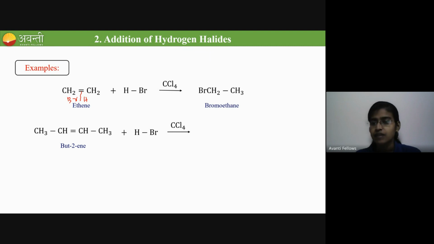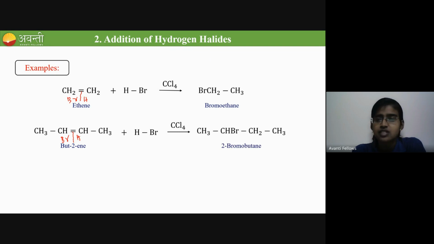We will break this bond and add hydrogen and bromine like this, and we will end up with one product. Can anyone give me the name of that product? Okay. It is 2-bromobutane.